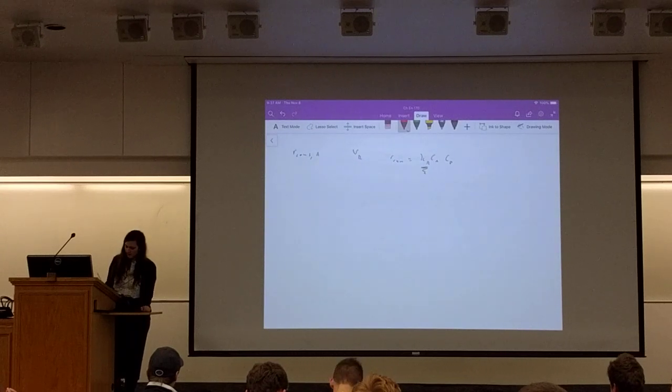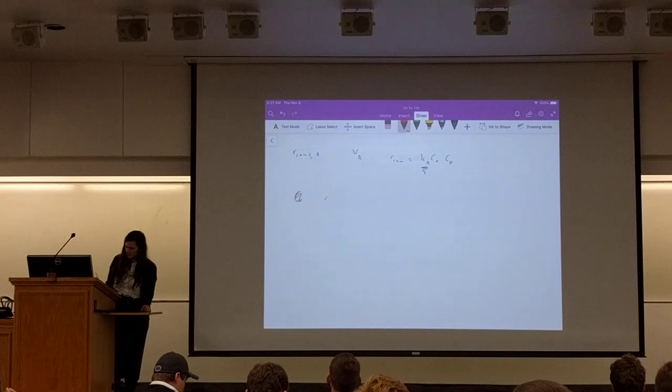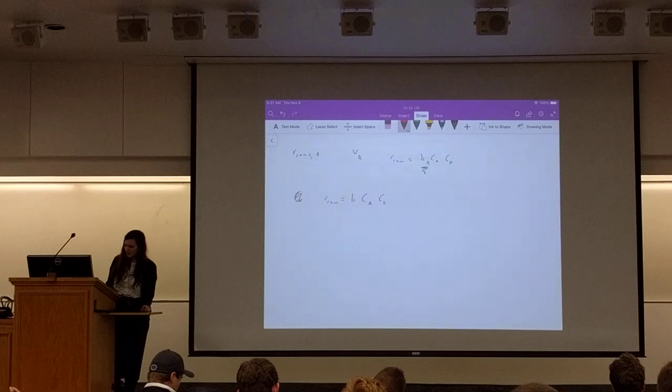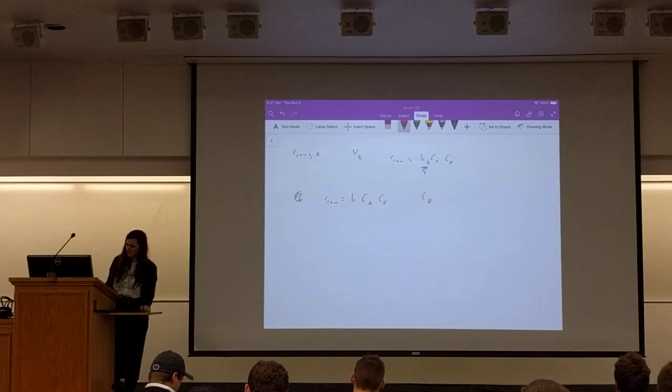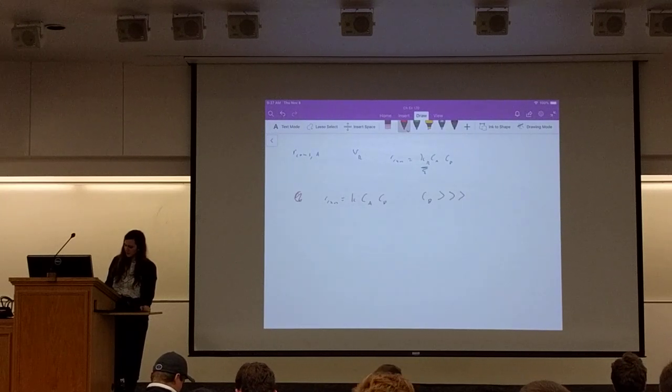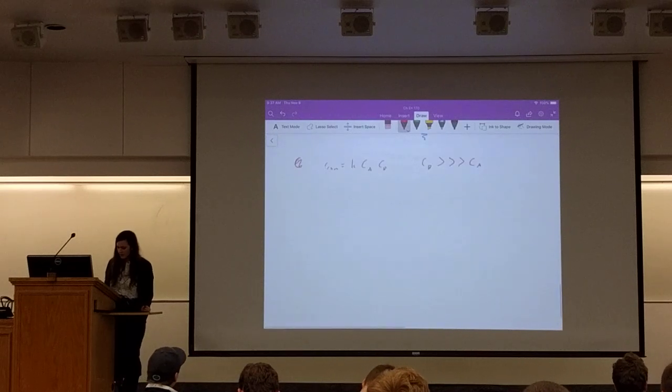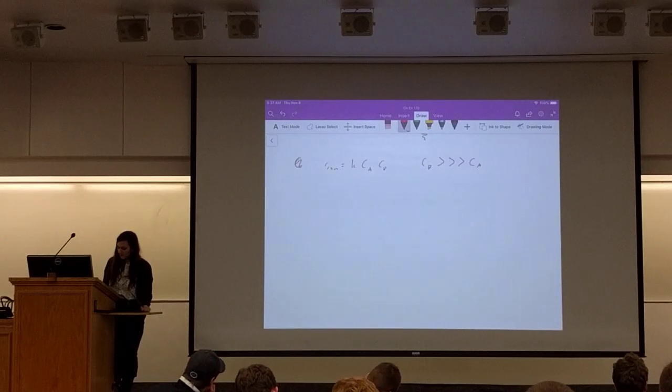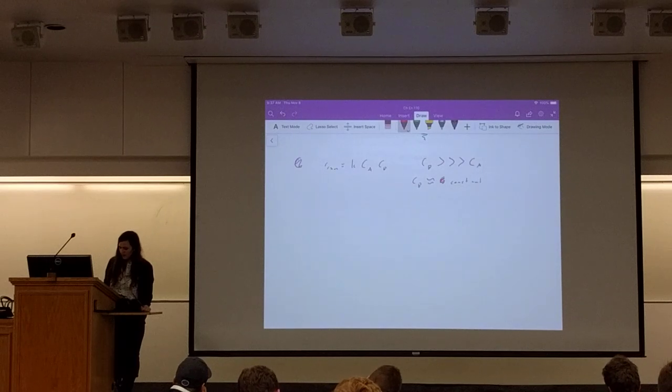But let's talk about KR star. Let's say we have some reaction with a rate, and then we say that the concentration of B is much, much greater than the concentration of A. Then we can assume that CB is about constant, and then we can define KR star, that's just KR times CB.